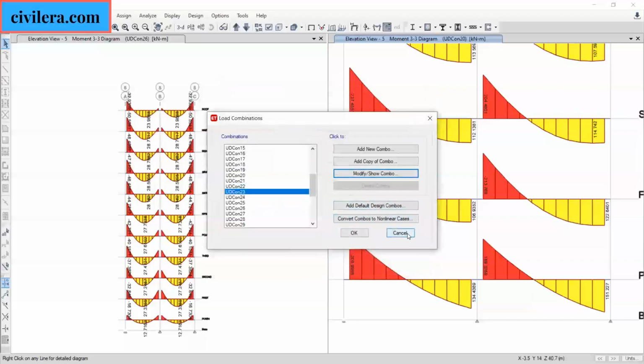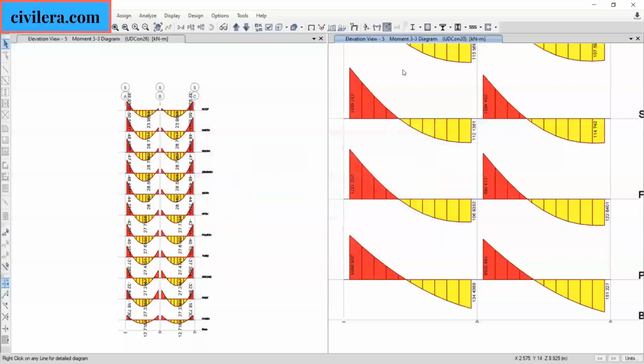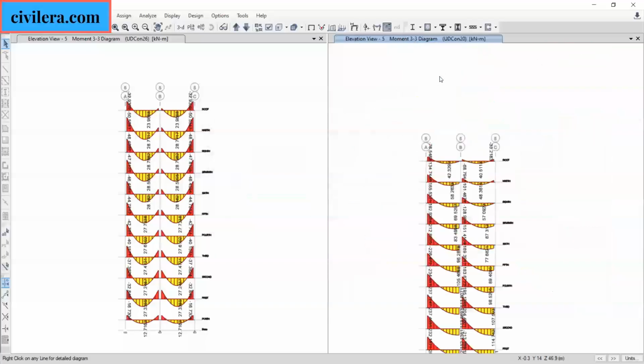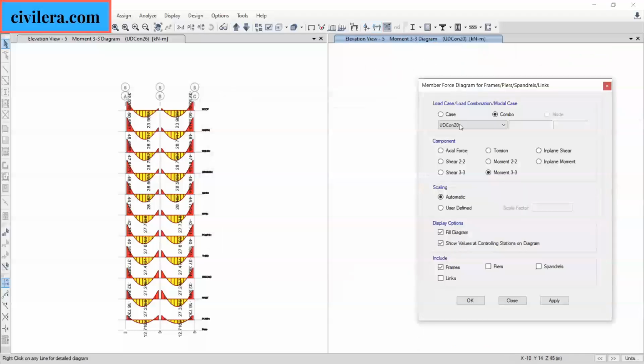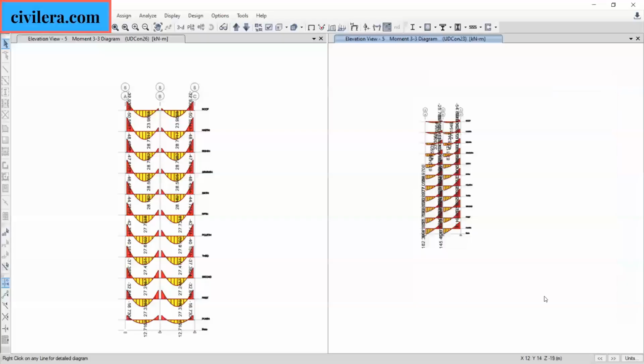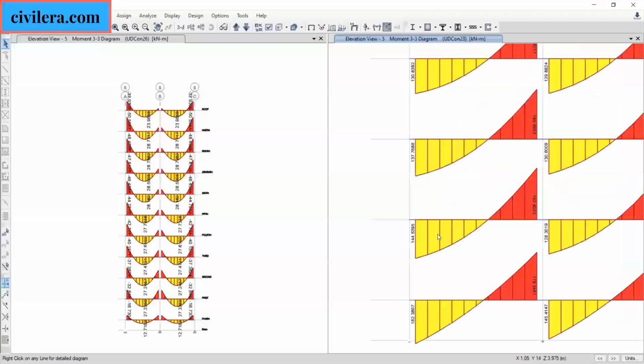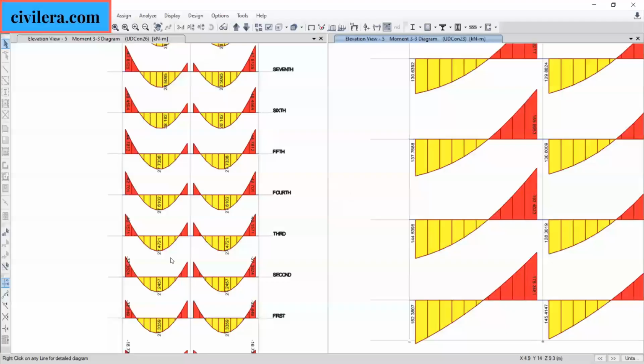So let me also check that 23 combination. Here also you can see the same behavior. There is a deviance in your bending moment diagram. Can you see that? And it's more prominent for the 0.9 combination.